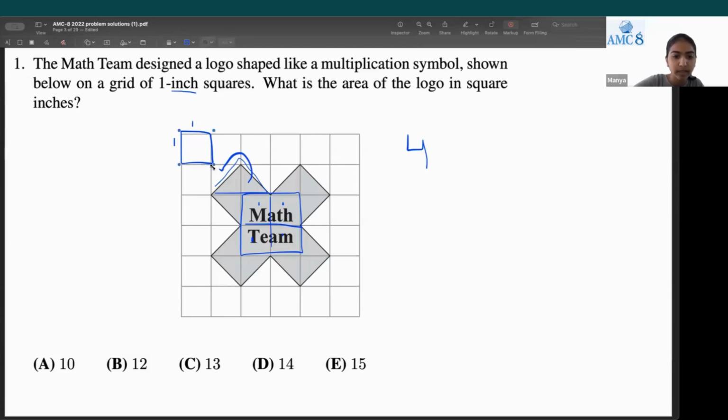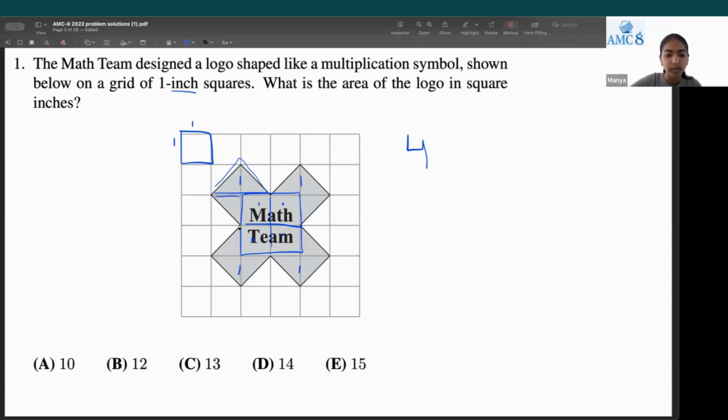So this triangle over here is going to be worth 1 square unit. Since both of these are the same, these both would be worth 1 square unit as well. So this one will be 1 square unit, and this one will also be worth 1 square unit.